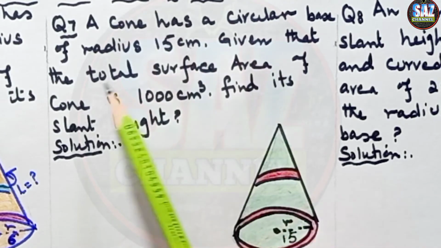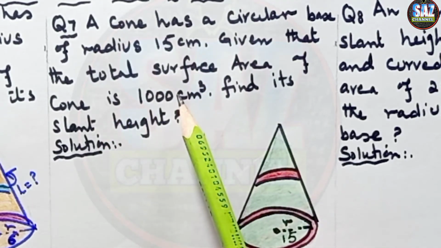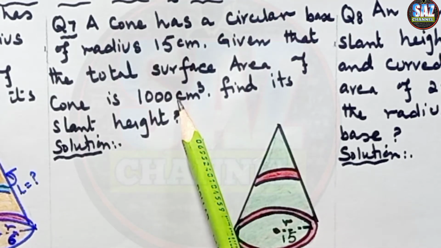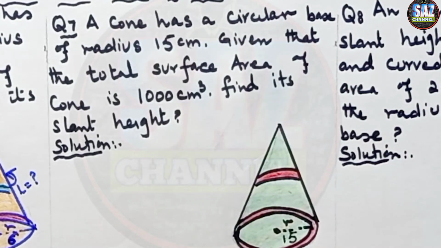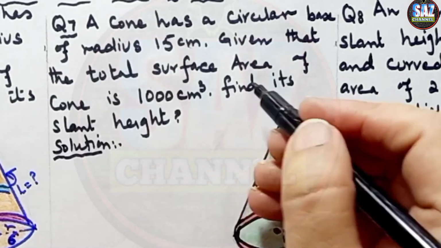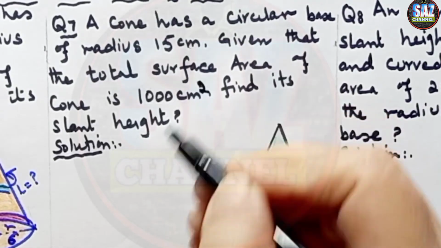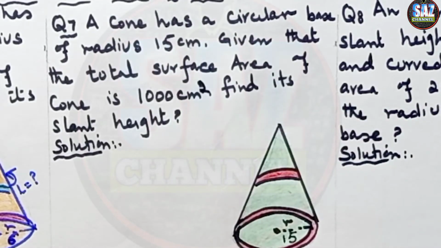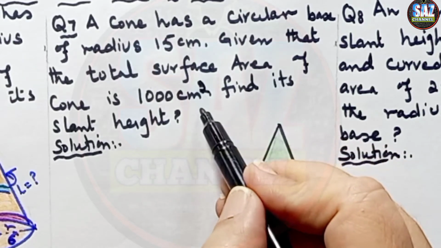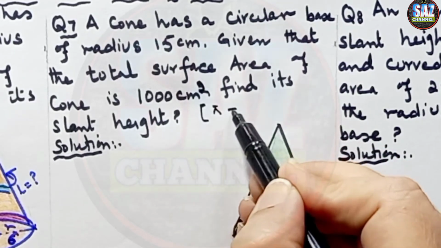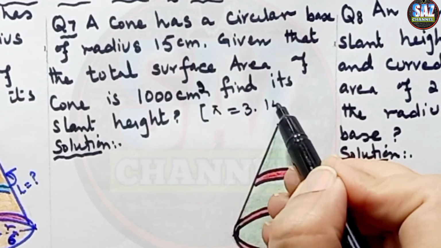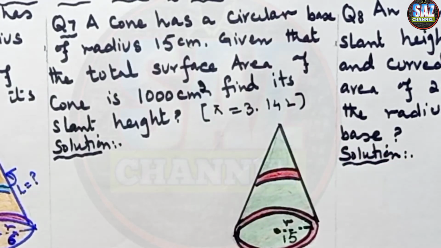Given that the total surface area of the cone is 1000 centimeter square, find the slant height of the cone, and we have to take π as 3.142. We have to follow the instructions given in the question. Now let me read the question once again.